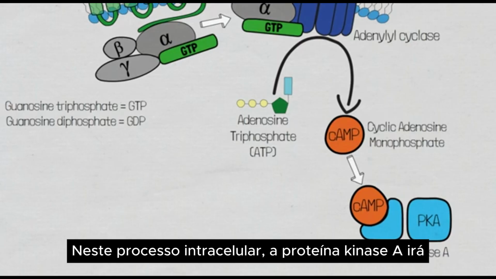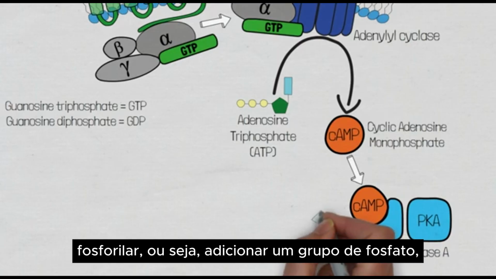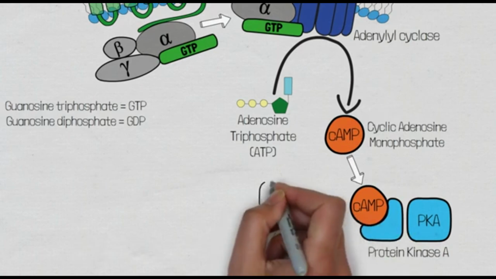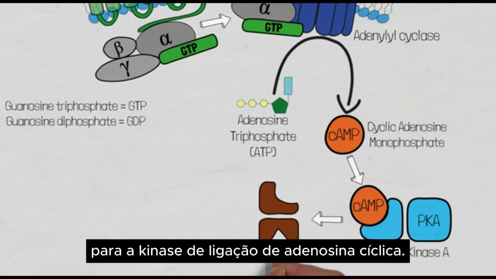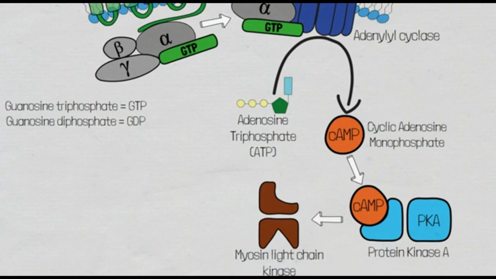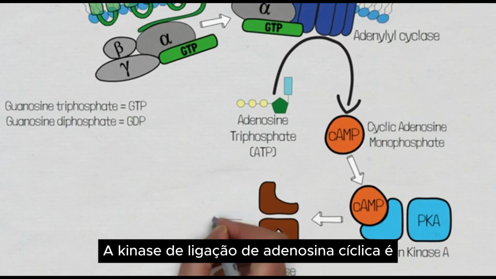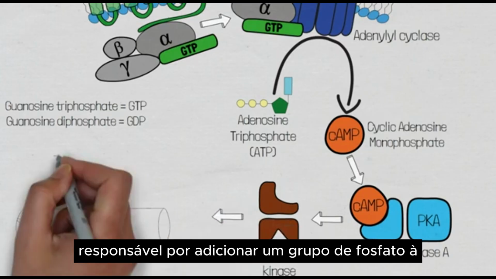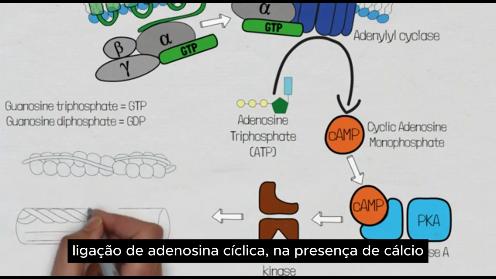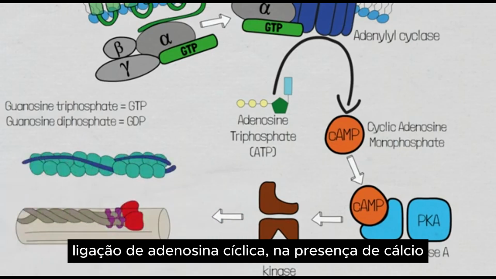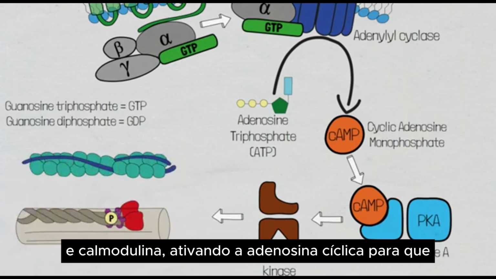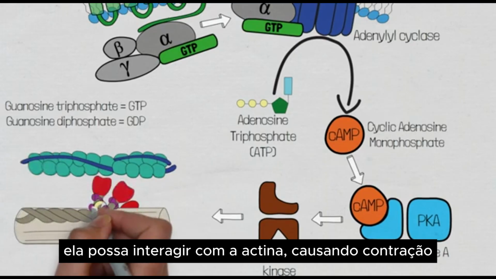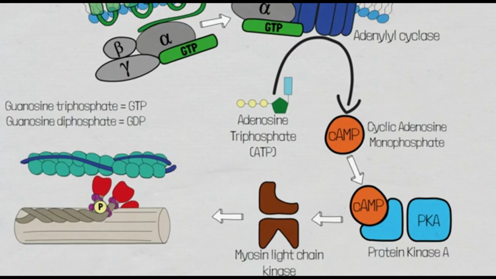In this intracellular process, protein kinase A is going to phosphorylate, so add a phosphate group, onto the myosin light chain kinase. The myosin light chain kinase is responsible for adding a phosphate group to the light chain of myosin in the presence of calcium and calmodulin, thereby activating myosin so that it can interact with the actin, causing muscular contraction.